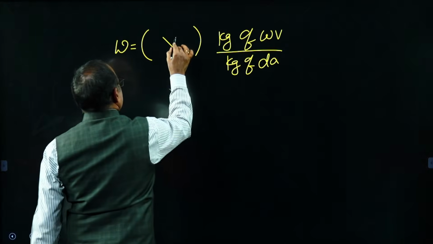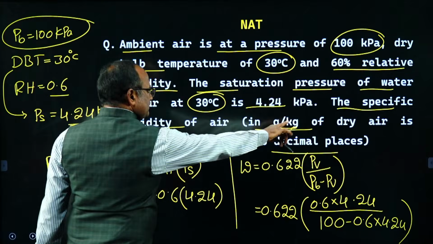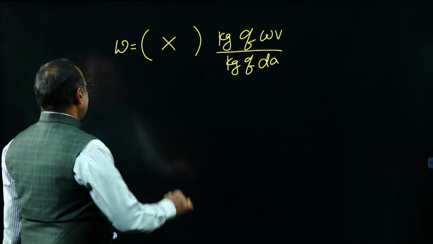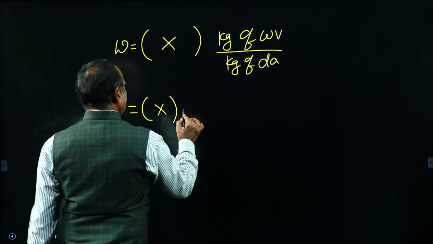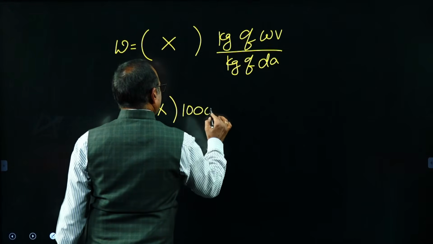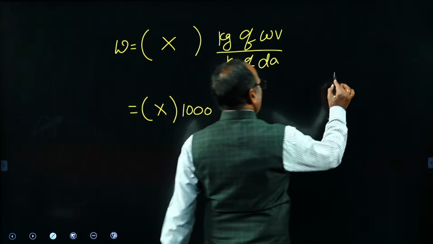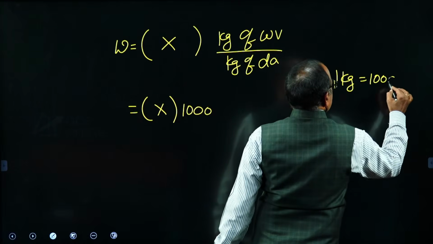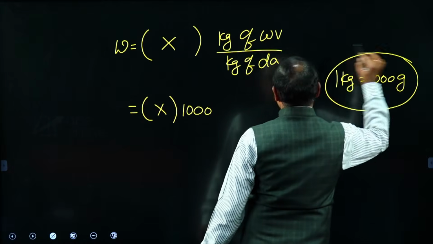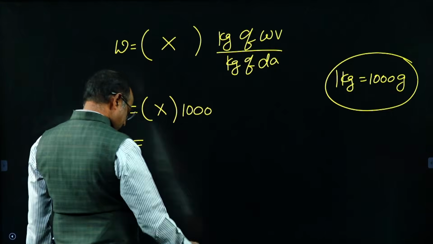Let us say that is X. But the answer is asking in grams per kg of the dry air. That's why you multiply this X with 1000, because 1 kg equal to 1000 grams. You will get the required answer.